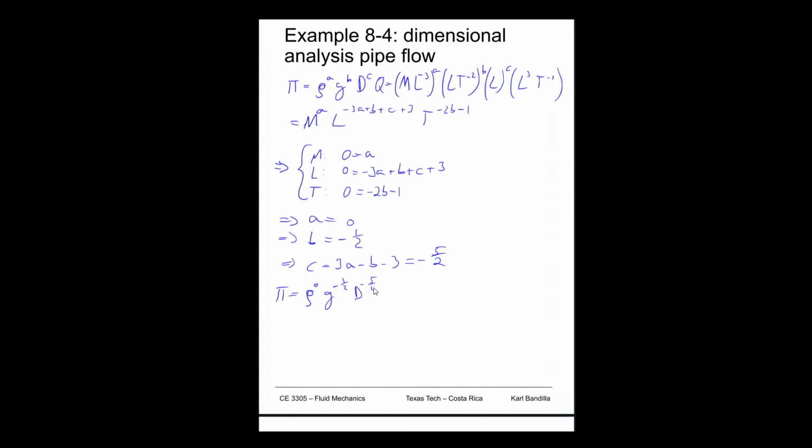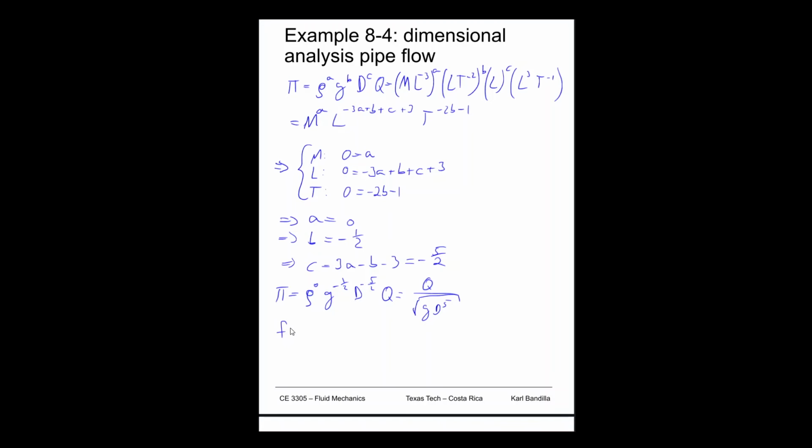And then, lastly, we have Q. If we rewrite that, Q is the only one that has a positive coefficient. Both of these are halves, so we can do the square root. So it'd be G, and then D to the 5th power. So that would be our relationship.